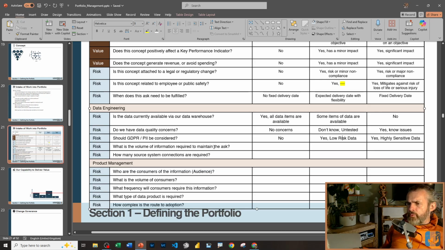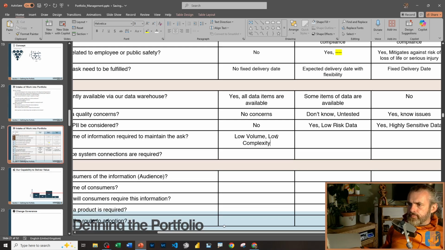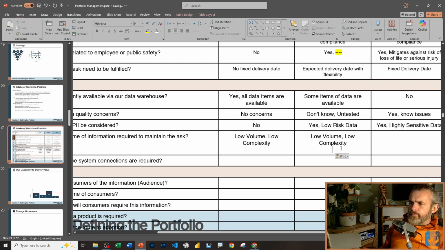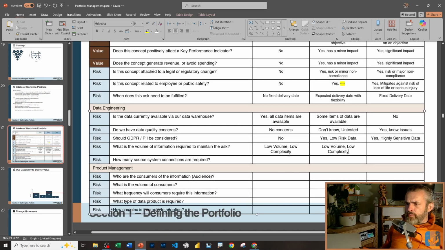What is the volume of information required to maintain the ask? Low volume, low complexity. What is the volume of information required to maintain the ask?